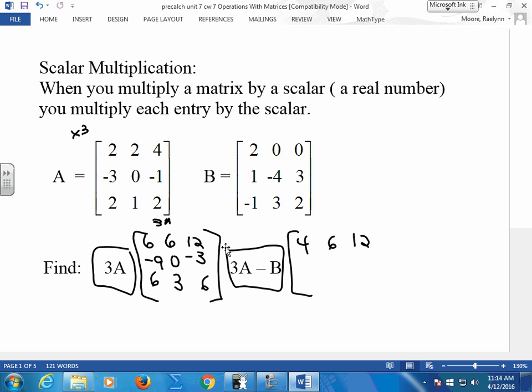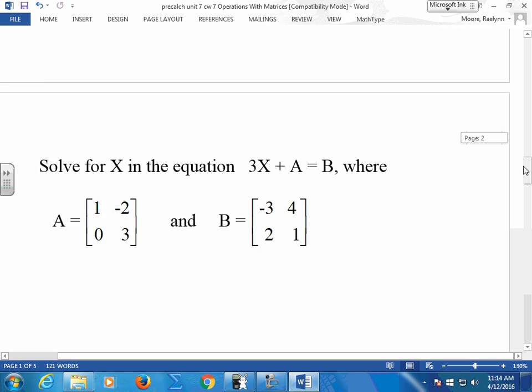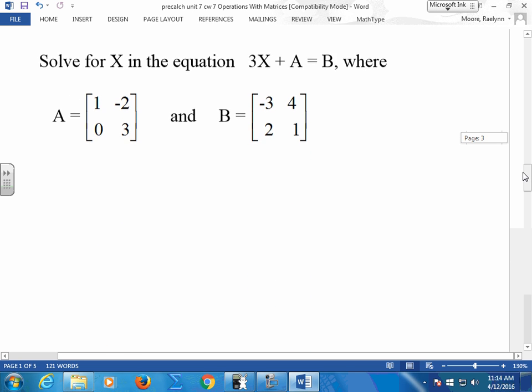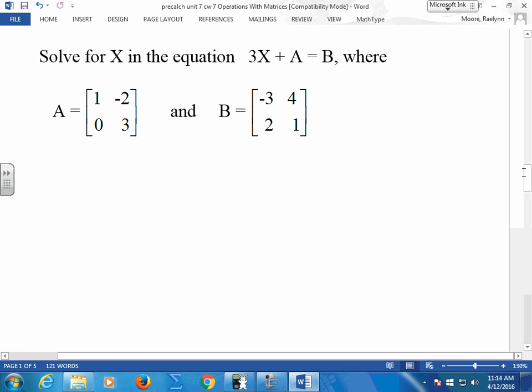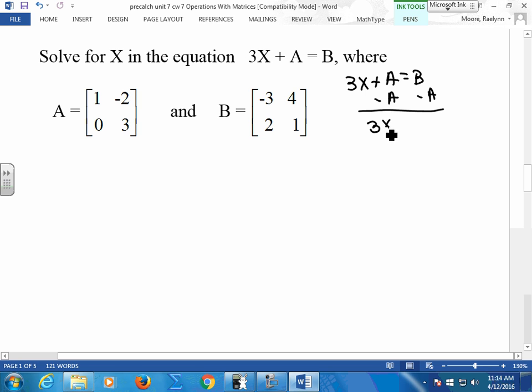Okay, just to go over some of the things that we can do with your matrices. Now, if you have to solve for x in this equation, not that we do this too often, we're going to set this equation up so that x is by itself. We're going to subtract A, and then divide by 3.